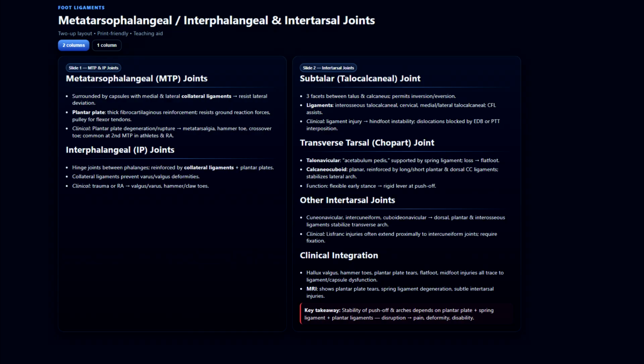Importantly, the plantar ligaments are the strongest, reflecting their role in weight bearing. Although rarely discussed, injury to these joints is not trivial. For example, in Lisfranc injuries, the instability often extends proximally into the intercuneiform joints, necessitating surgical fixation.